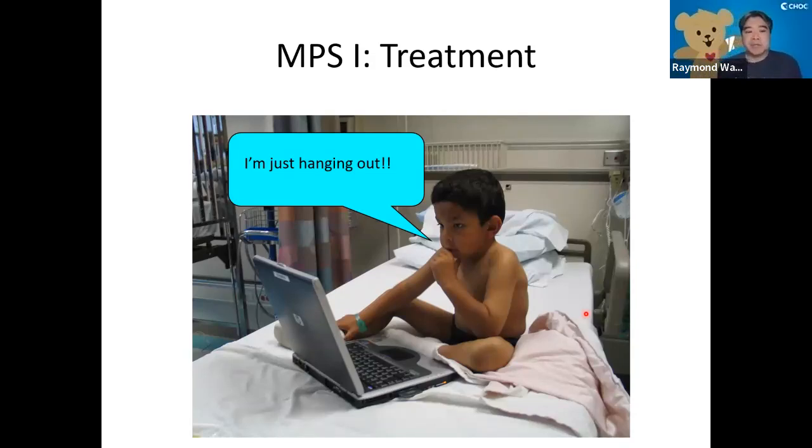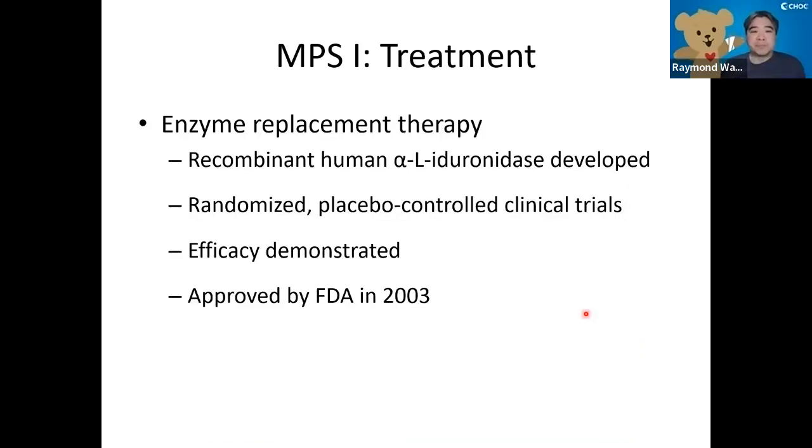When he was first diagnosed, he would get his enzyme infusions within the hospital. The enzyme is recombinant human alpha-L-iduronidase. It underwent randomized, double-blind, placebo-controlled clinical trials and was approved by the United States FDA in 2003, so that's about 20 years ago.